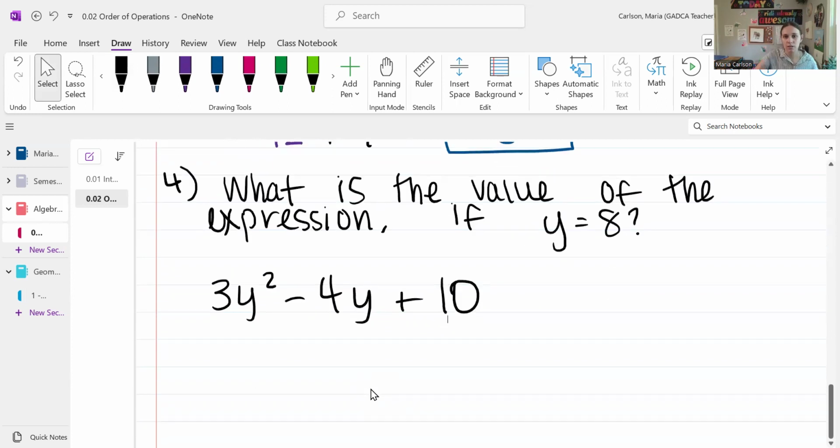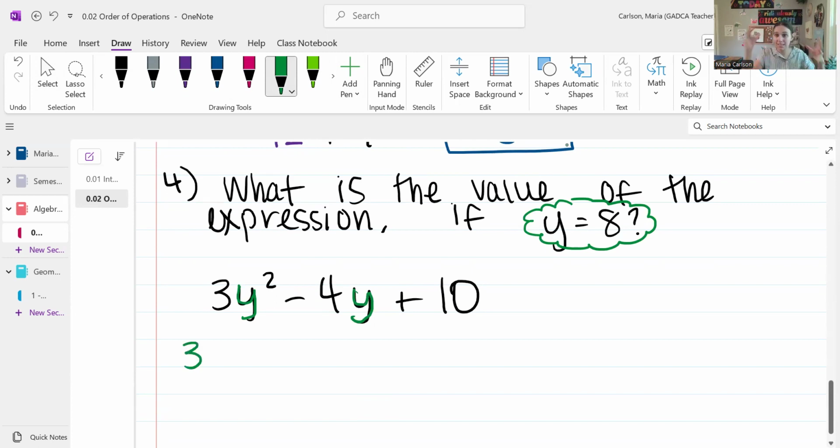One way I like to do this is I know that I have this value of y that I'm going to substitute in everywhere I see y. I can go ahead and set myself up and create this skeleton where I'm going to place in that value of y, where I'm going to substitute in that value of 8.